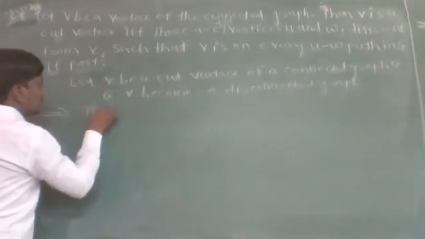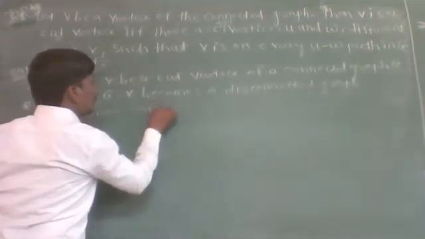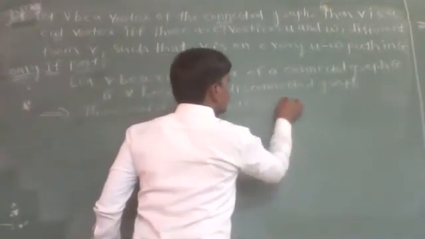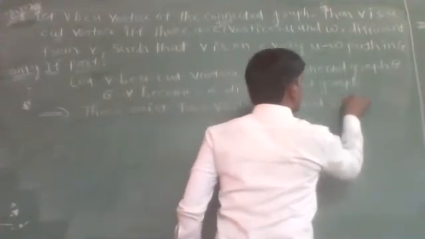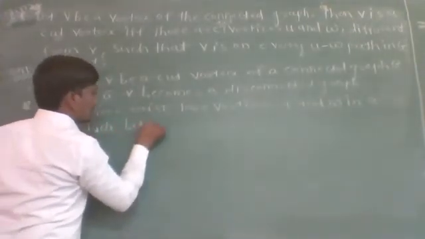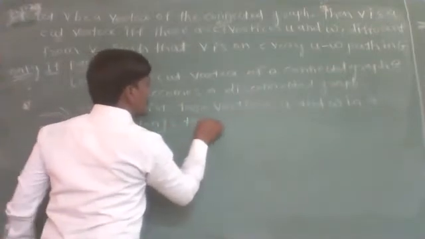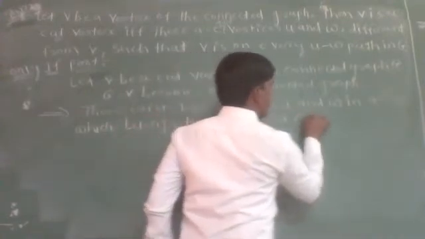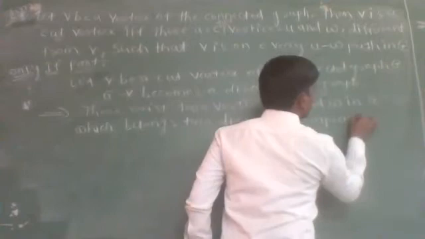there exist two vertices U and W in graph G which belong to two different components in G minus V. As G minus V is a disconnected graph, it has at least two components.